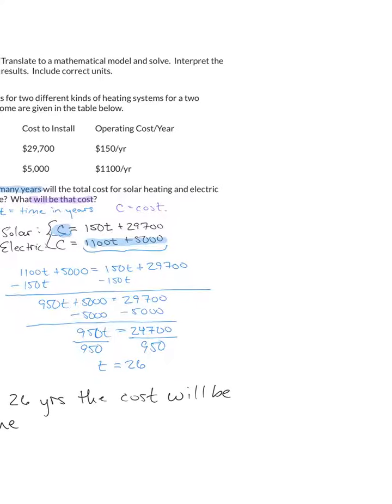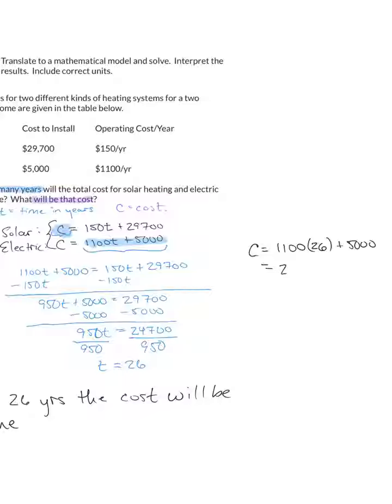So if we take this and plug it back into one of our original equations, let's say the second one, we get C equals 1100 times 26 plus 5,000.